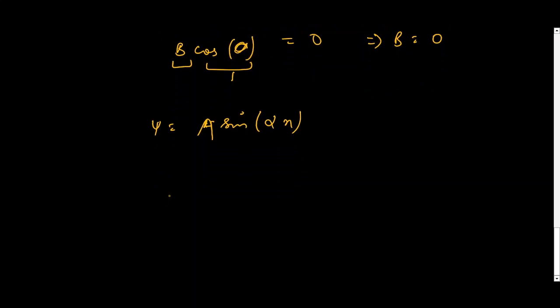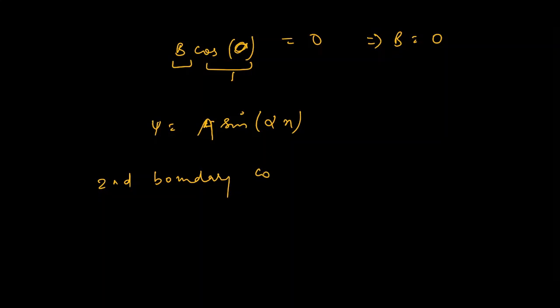Now we will apply the second boundary condition. What is this? Psi is equal to 0 at x is equal to L, right? At x is equal to L, psi is equal to 0, because we saw that if we take the potential infinite, we get psi is equal to 0.